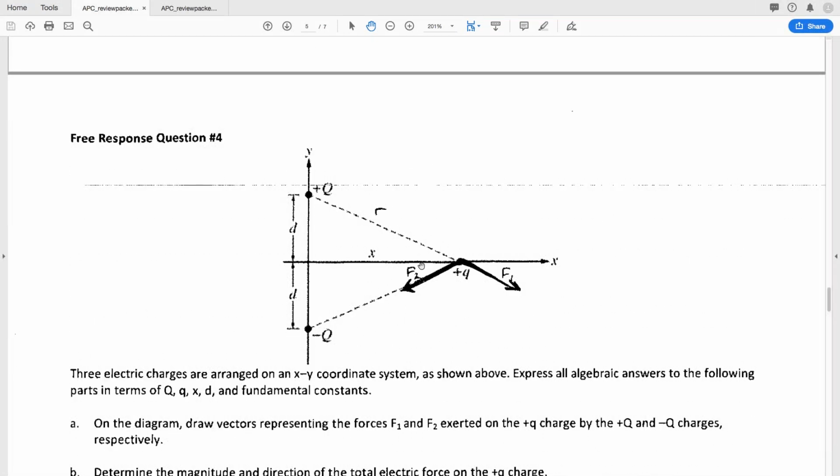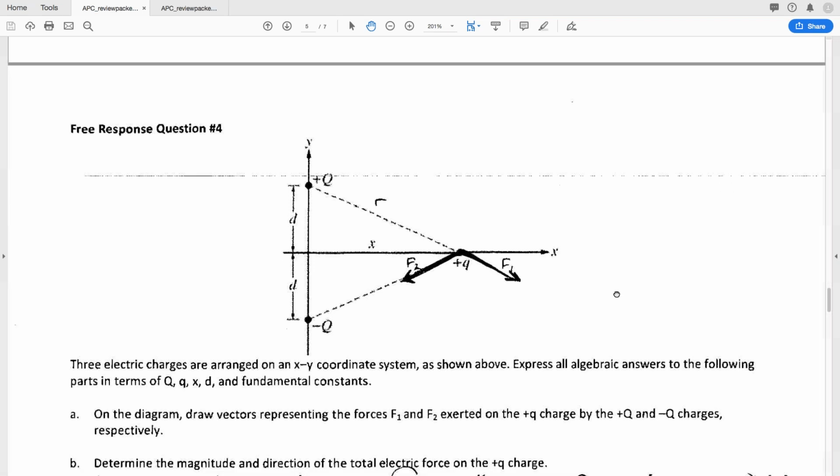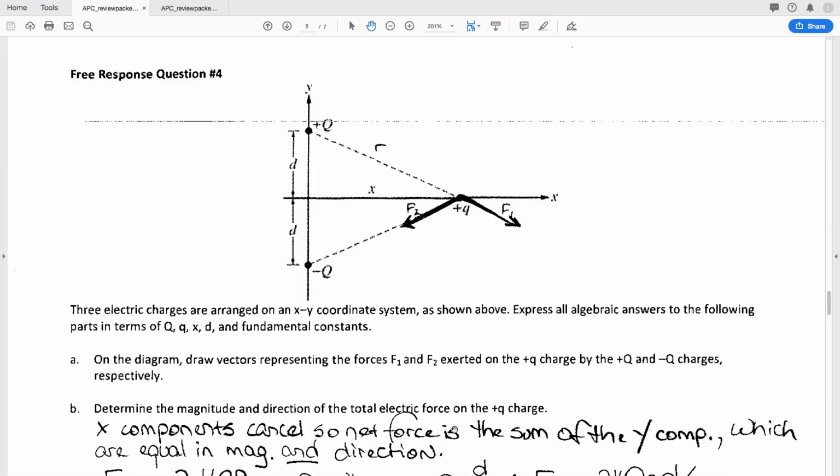So it looks like we have 3 electric charges arranged in a coordinate system as shown. They want all the answers in algebraic terms. On the diagram, draw vectors representing the forces F1 and F2. Emil, by the way, make sure this is the right problem that you wanted me to go over.